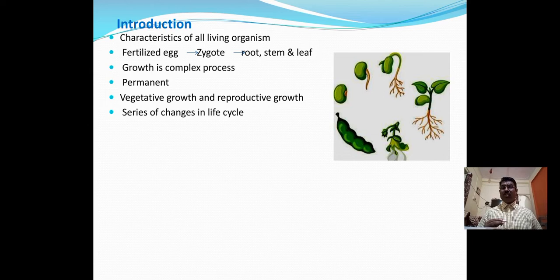So as I told, the growth is a complex process because it is the cumulative effect of different processes like cell division, cell enlargement and their differentiation into different types of tissues which later on develop in the form of different parts of the plant body.